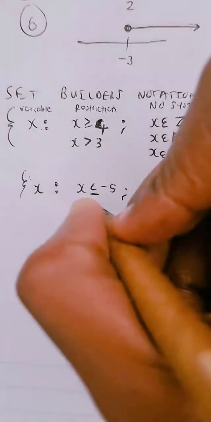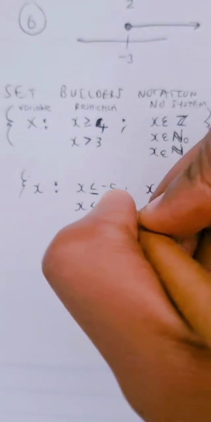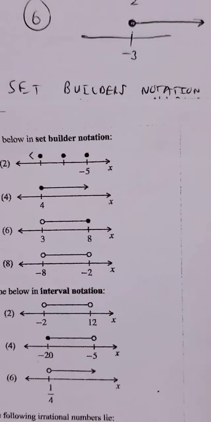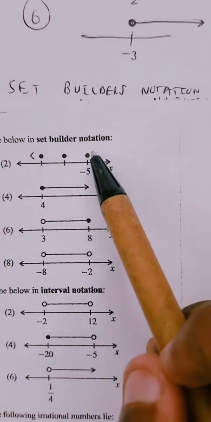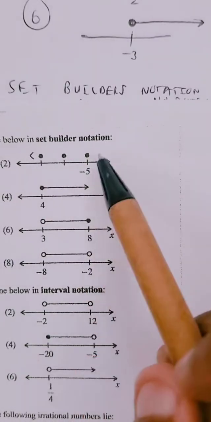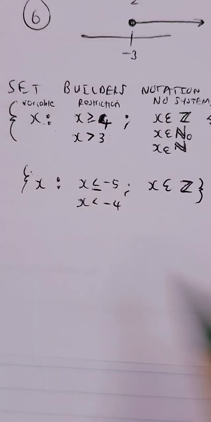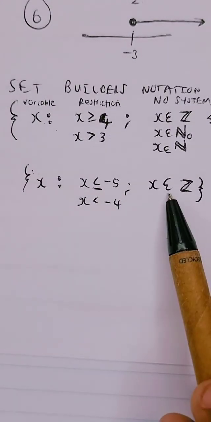I think the other restriction we could write is saying x is less than -4. This would also be acceptable, x less than -4, because -4 would not be included, but all the other integer values that come before -4 are part of the restrictions that we have, as long as x is an element of what?